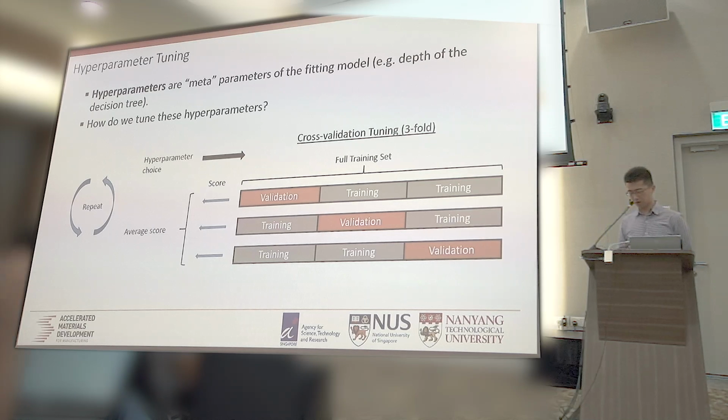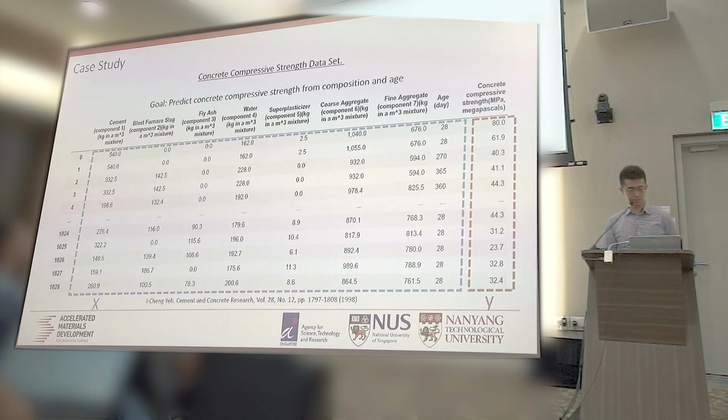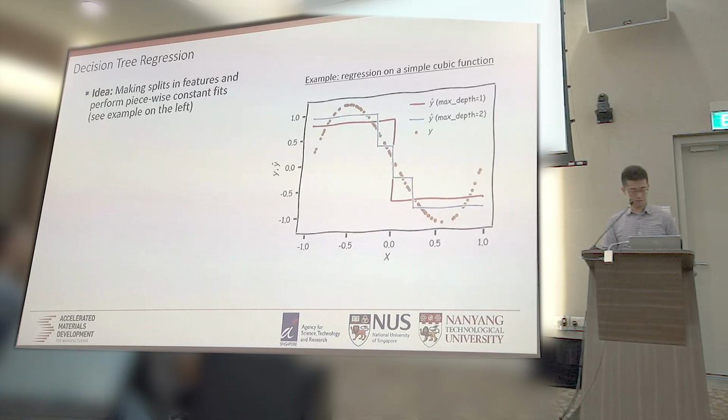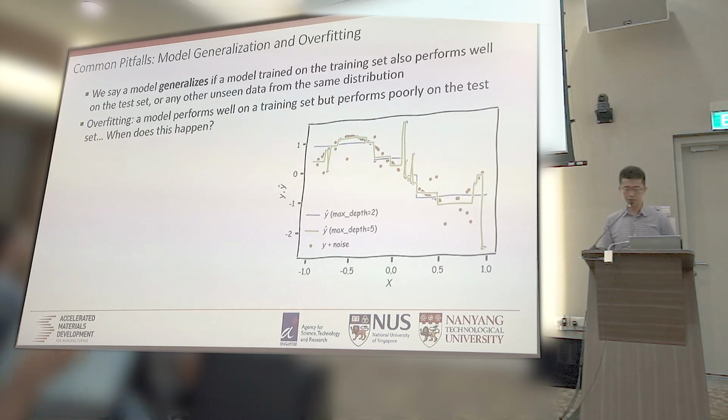Another question says, why not just do a decision tree with many splits instead of this ensembling method? We can see in this plot, this is actually a decision tree with many splits, and it tends to fit the noise.